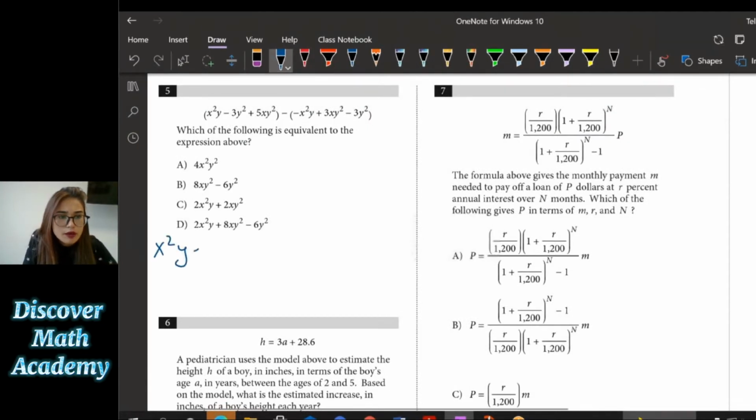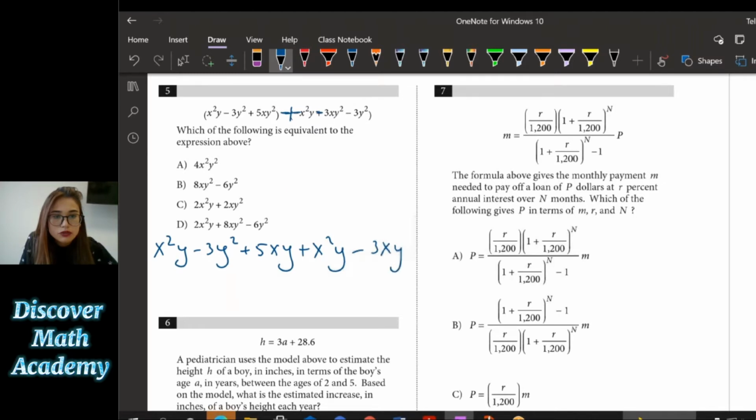Let's open x squared y minus 3y squared plus 5xy. Minus means that we have to change their sign. So it will be plus x squared y. It will be minus 3xy squared.